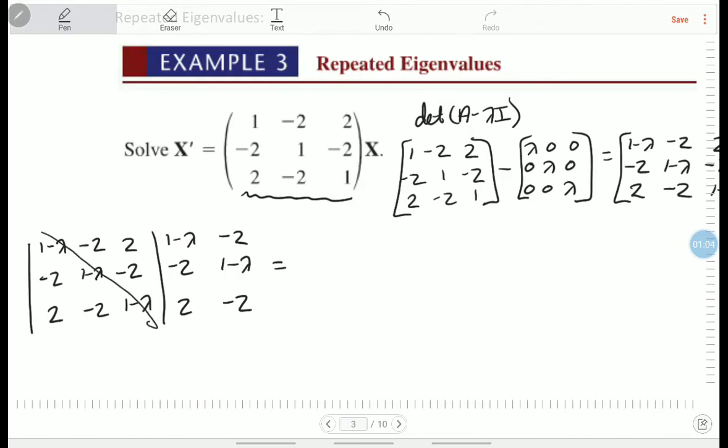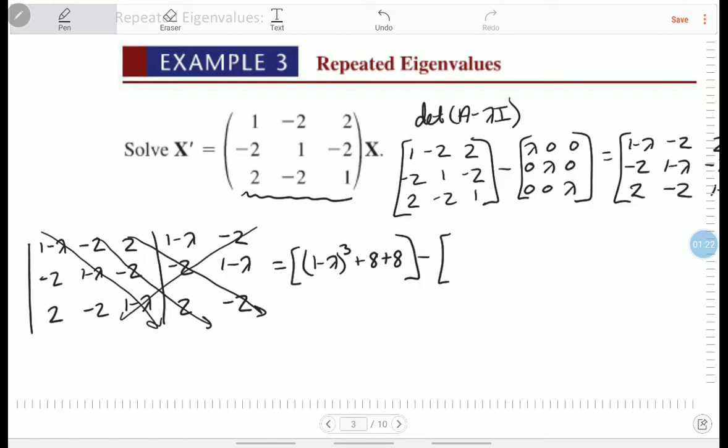So if we multiply, we're going to have 1 minus lambda cubed plus 8 plus 8. The 8s are coming from multiplying that and that diagonal. Subtract. Now we're going back the other way.